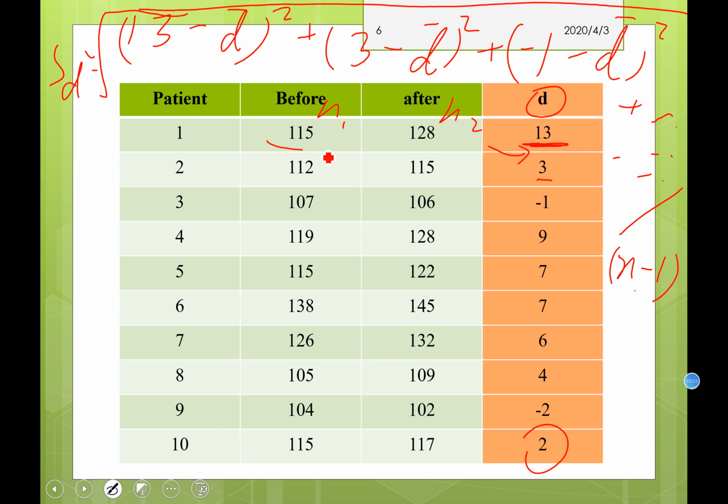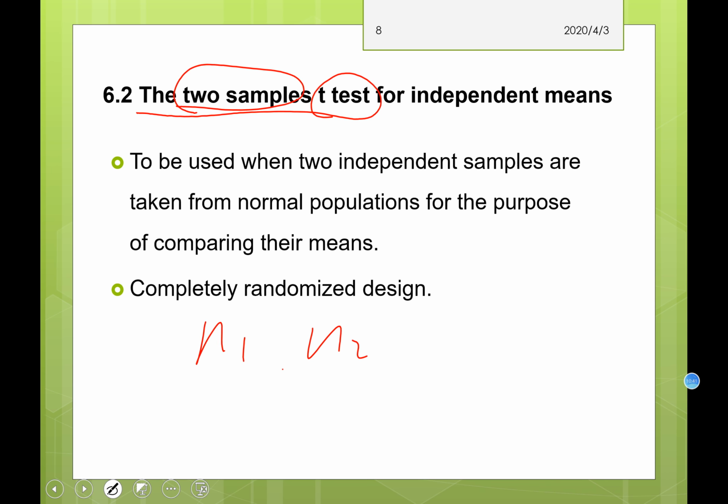Each pair of numbers gets only one number, so we change N1 and N2 into a single sample size N. But in the question we have 2 sample sizes. In this part there are still 2 sample sizes, N1 and N2, but we don't need to calculate the difference anymore.